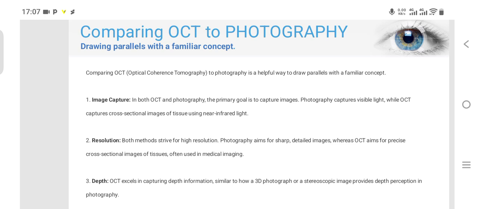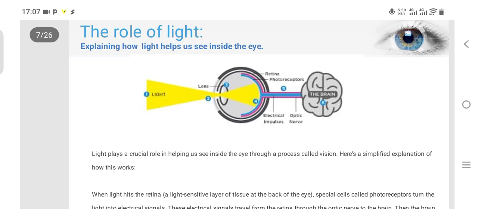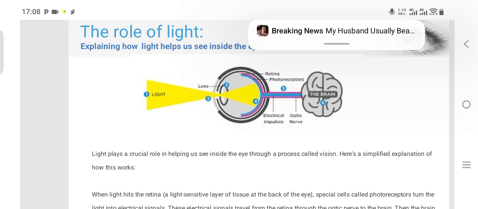When you talk about depth, OCT excels in capturing depth information. It is similar to how a 3D photograph or stereoscopic image provides depth perception in photography. Then the role of light, explaining how light helps us see inside the eye.